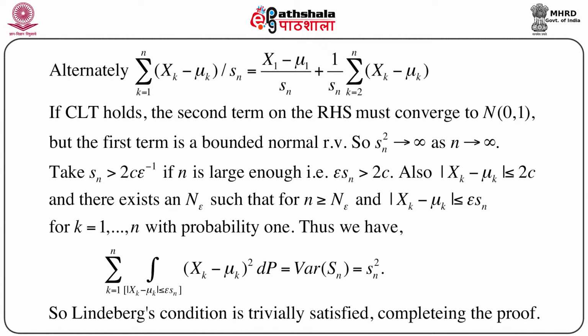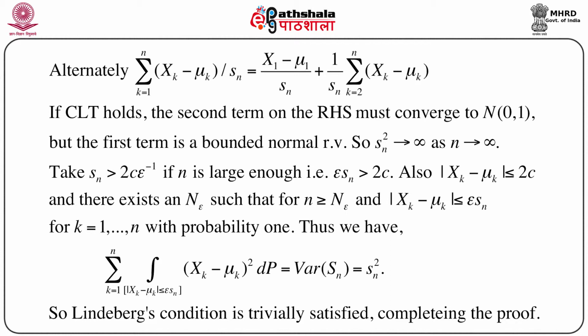We have summation k equals 1 to n of the integral over the set |X_k − μ_k| less than or equal to epsilon S_n of (X_k − μ_k)² dF_k equals the variance of S_n, which equals s_n². This is because the variables are assumed to be bounded in this case.